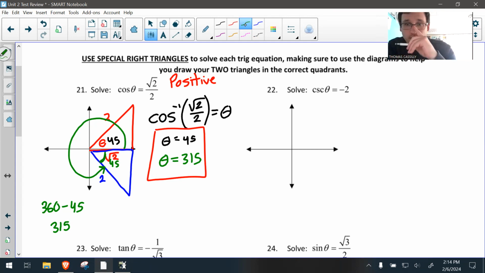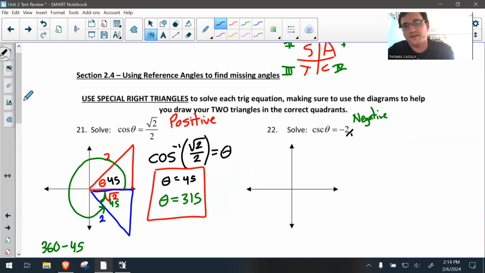Now on this next one, the cosecant of theta, keep in mind, this is a negative. This is a negative value. So what I'm going to do is I'm going to call this negative 2 over 1. All right. So if we look up top, cosecant goes with the sine. So since it's negative, it has to be in quadrants 3 and quadrants 4, because that is where sine is negative.